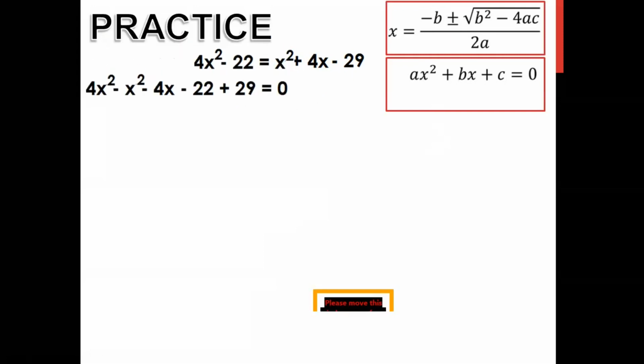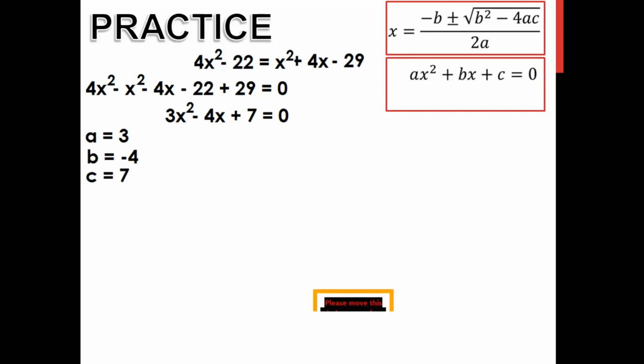Okay, transpose all terms in the left side, then combine like terms. For x squared minus x, we can get the 3x, then 4x, then negative 22 plus 29, we can get the positive 7. Then after that, let's take the coefficients, which are 3, negative 4, and 7.